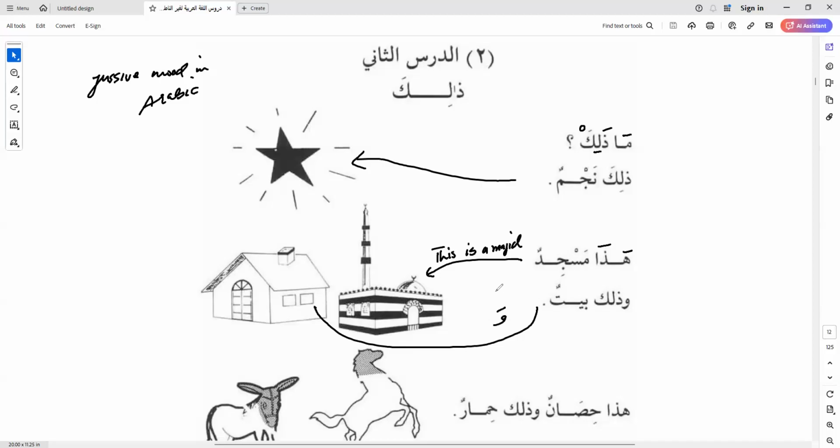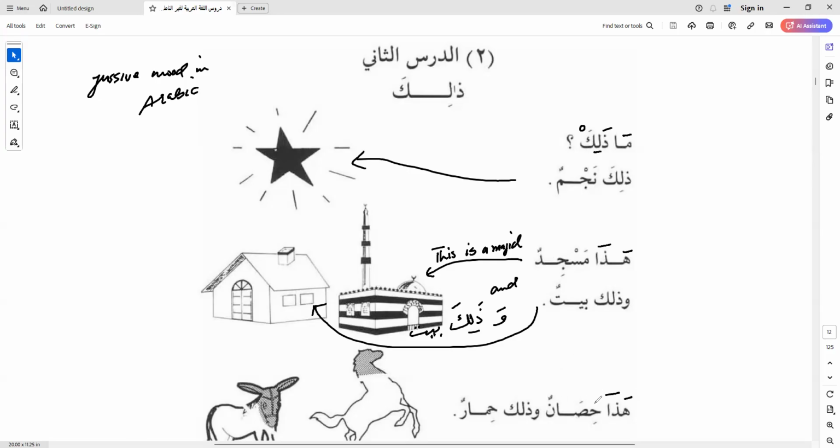And that is a house. و means and. هذا مسجد وذلك بيت.